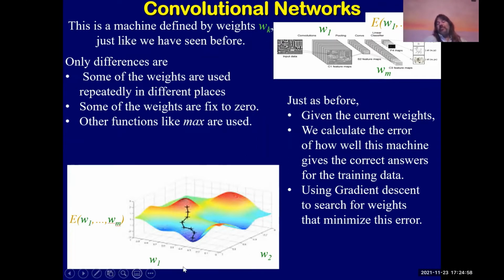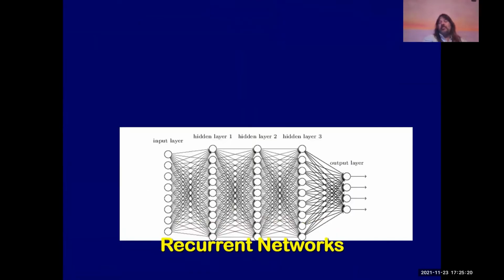So basically, if you wrote code that does gradient descent for the type of machines we had before, you don't have to do anything different. Maybe you might have to take slightly different derivatives as you pass through maximums and stuff, but it's the same idea, right? Does that make sense?